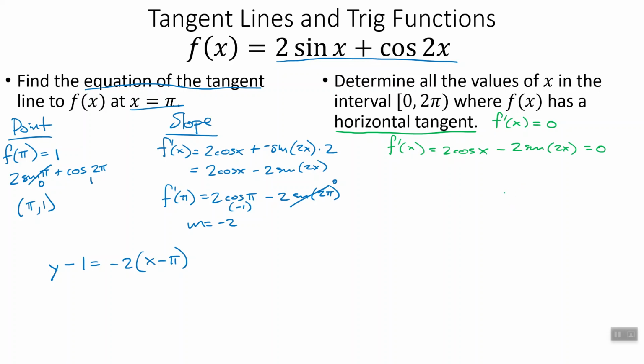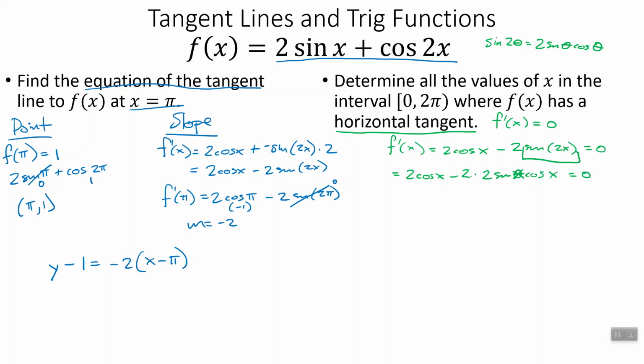All right, so we're going to use a little trick here. Sine of 2 theta is 2 sine of theta cosine of theta. We talked about it on the last slide a little bit. So I'm going to rewrite this so we don't have this 2x anymore. We get 2 cosine of x, which stays the same, minus 2 times 2 sine of x cosine of x.